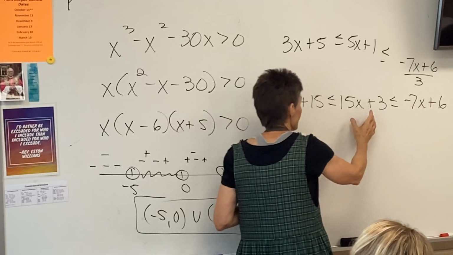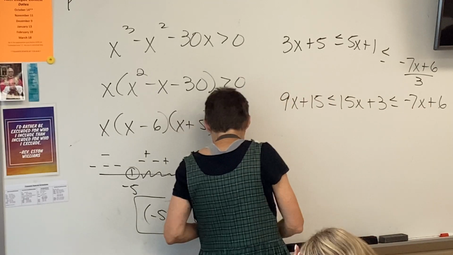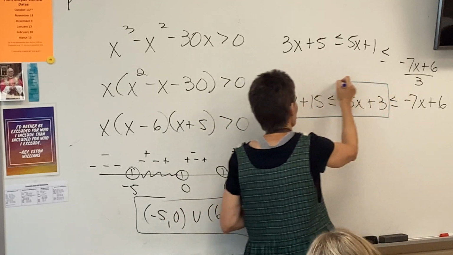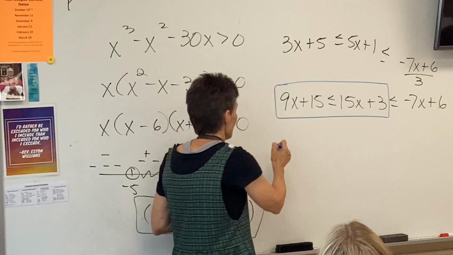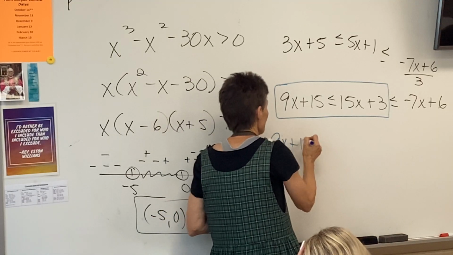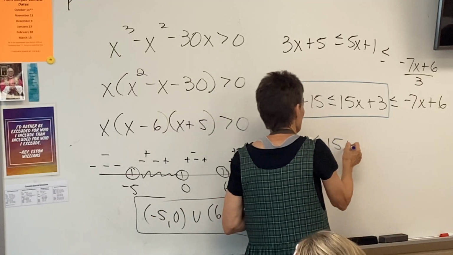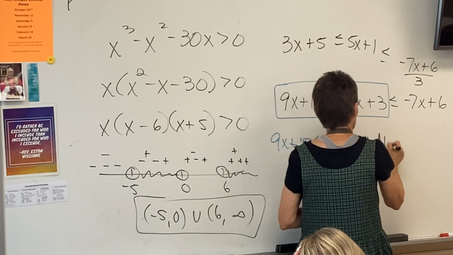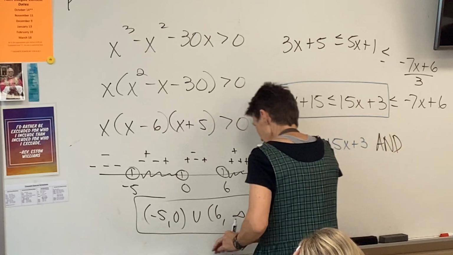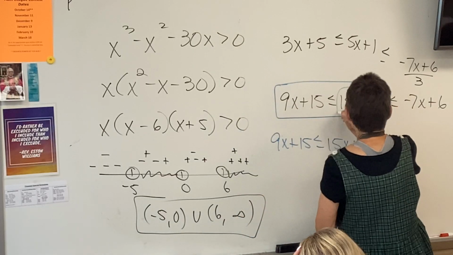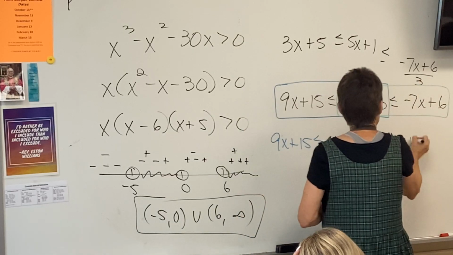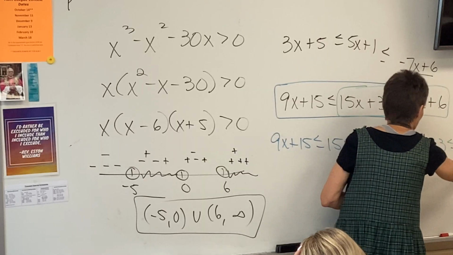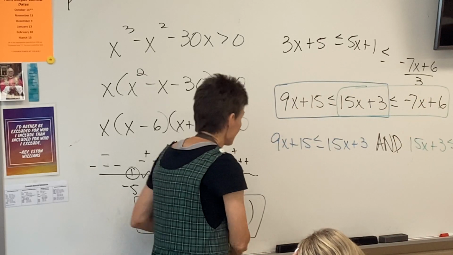So I'm going to go ahead and recognize that this is 2 different inequalities. It is 9x plus 15 less than or equal to 15x plus 3, and it is 15x plus 3 less than or equal to negative 7x plus 6. Does that make sense to you?